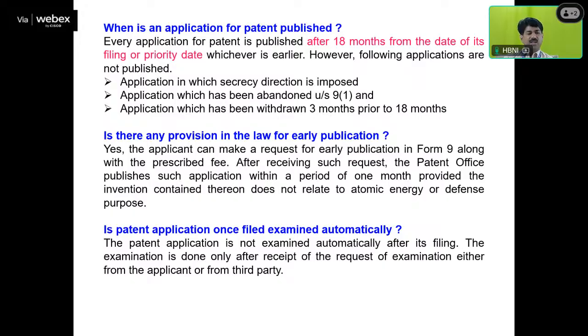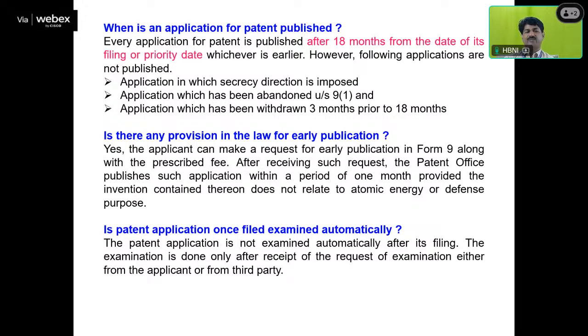So next is, is a patent application once filed examined automatically? No, it is not. Whenever we apply for a patent, it will not be examined automatically. The examination is done only after receipt of a request for examination, either from the applicant or from a third party.